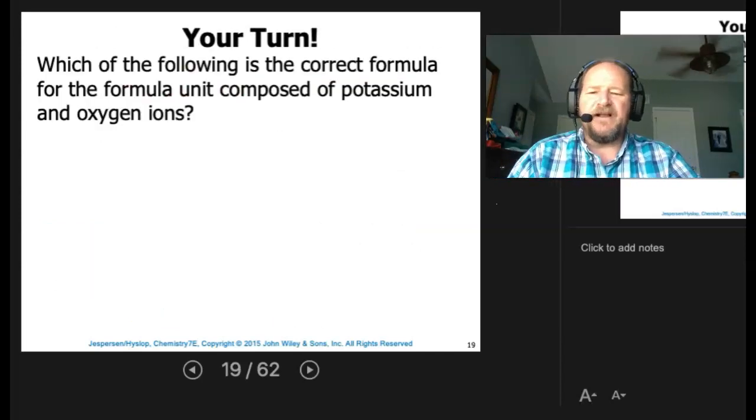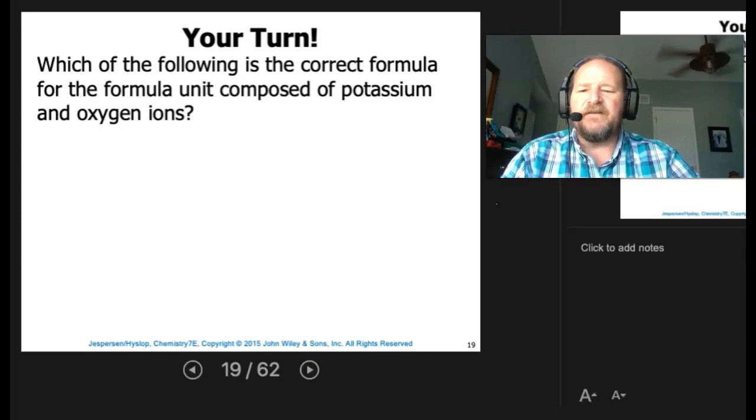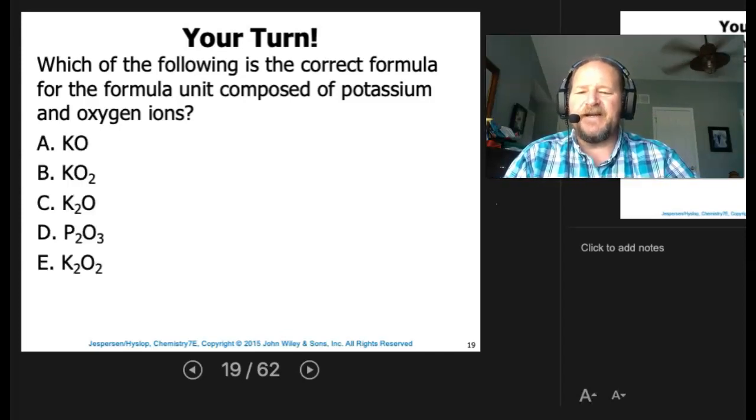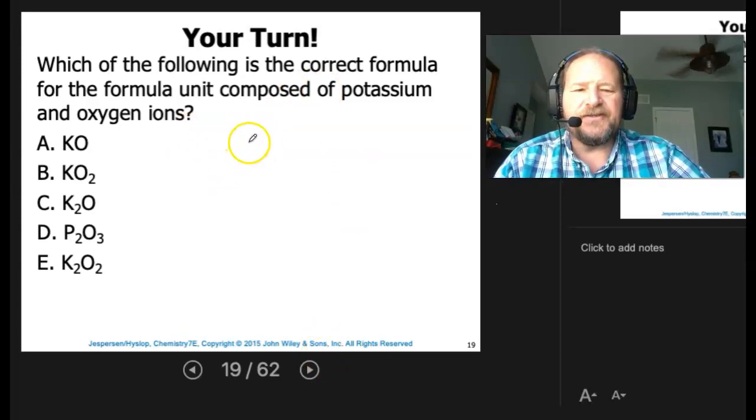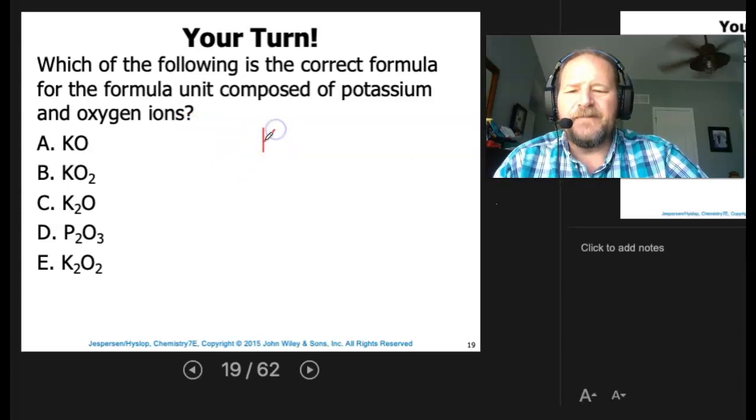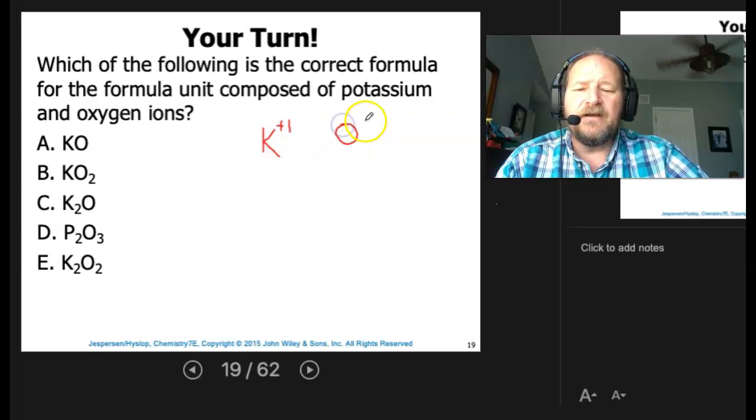Which of the following is the correct formula for the formula unit composed of potassium and oxygen atoms? We'll go to our handy dandy periodic table. We find potassium in group 1A, so we know it's a +1. Oxygen is in 6A, and we've just seen that it's a -2.